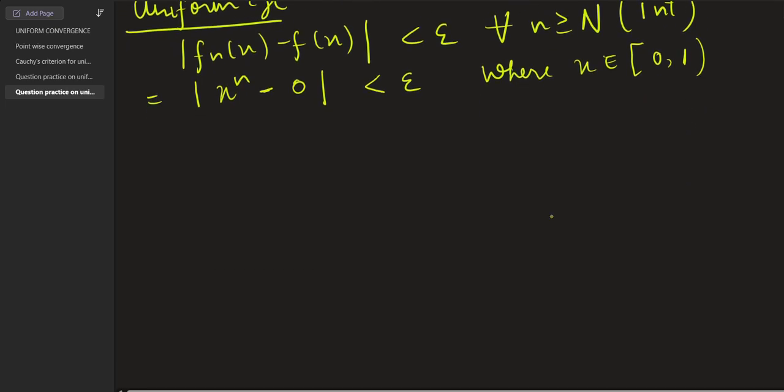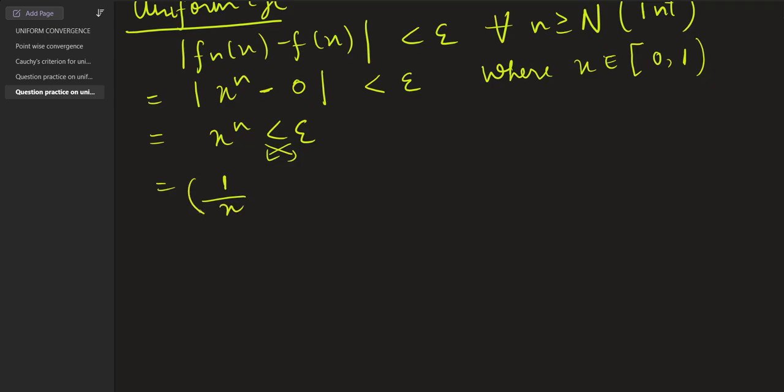Fine. Now, as we know, this implies x raised to power n must be less than epsilon. If we take cross multiplication like this, then 1 by x^n must be greater than 1 by epsilon. Fine.